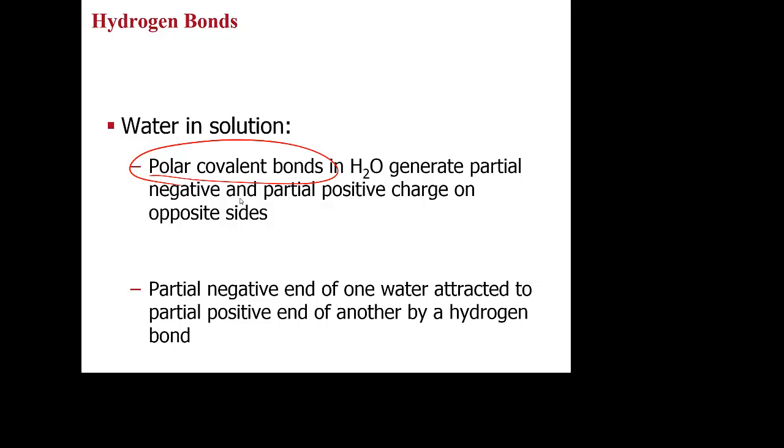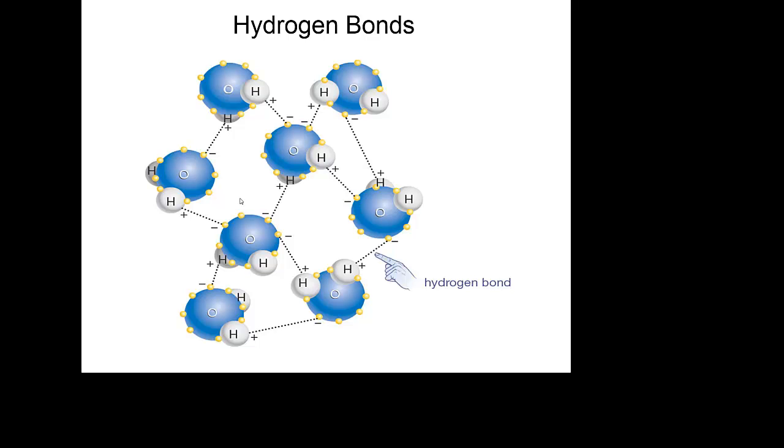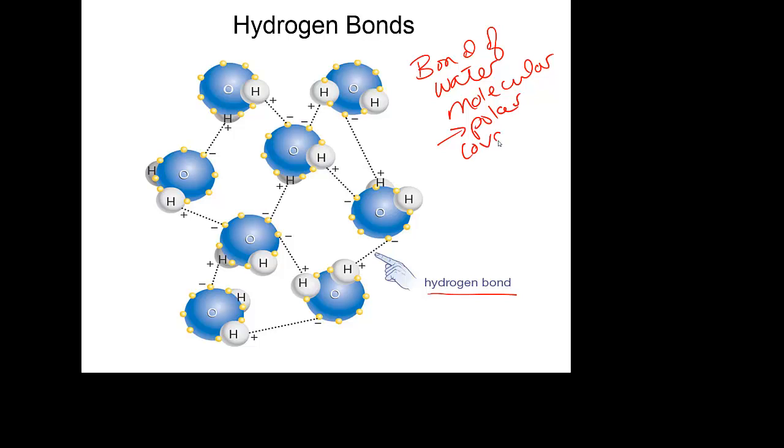So it's this establishment of positive and negative ends to these water molecules that actually allows water molecules to stick together. So they actually stick together by a second type of bond known as a hydrogen bond. So the bond of the water molecule itself, we said, is a polar covalent bond.